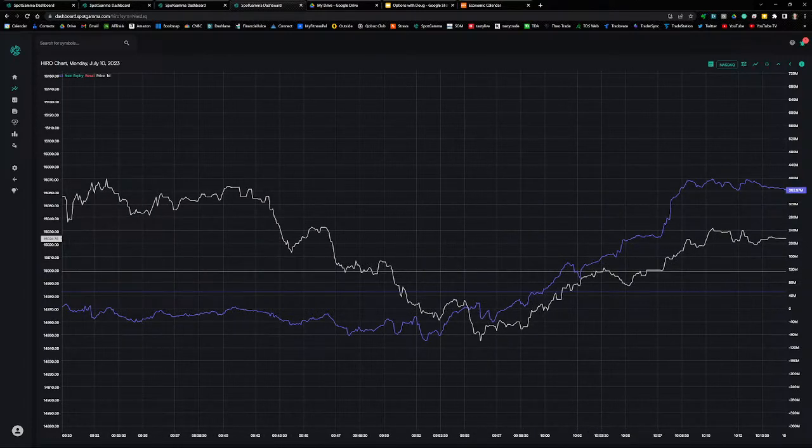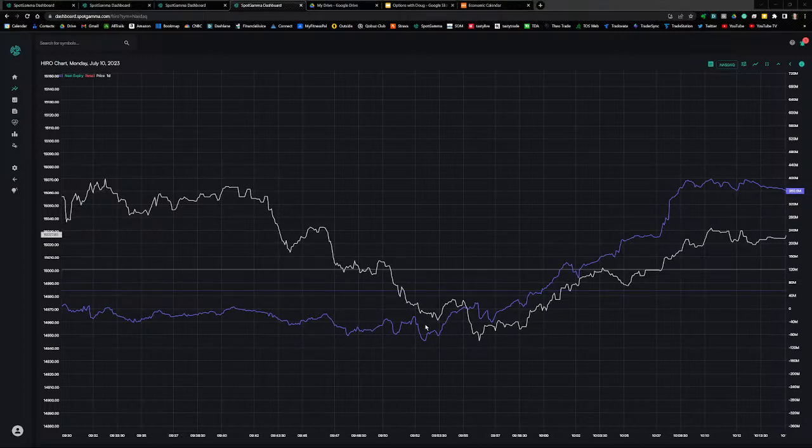So note here the divergence in Hero and Nasdaq. The white line is showing the NDX price, and the purple line is showing the Hero signal, combined signal for QQQ and NDX.